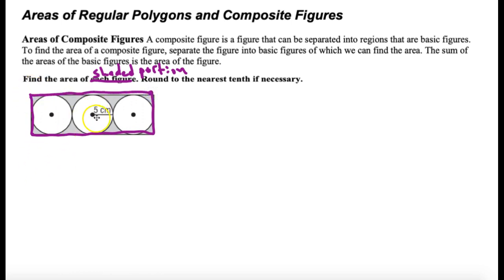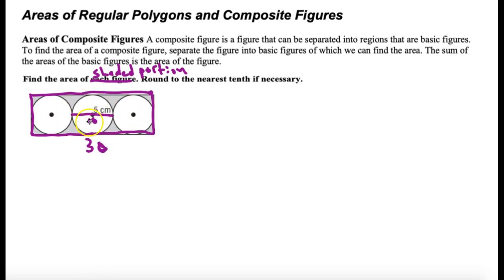So all I'm given is the radius of one of the circles is 5. If the radius is 5, that means the diameter would be 10, and each of these circles are congruent. So the entire length of this rectangle would be 10 plus 10 plus 10, that would be 30.